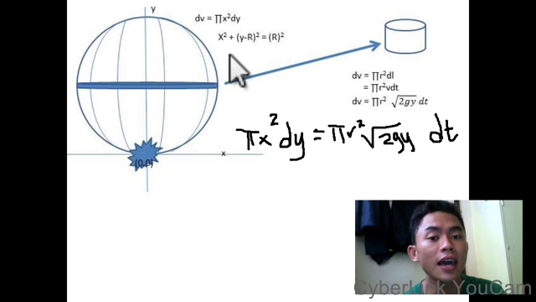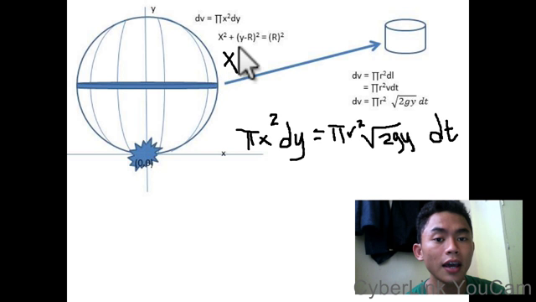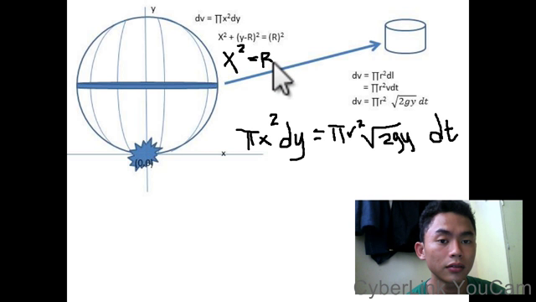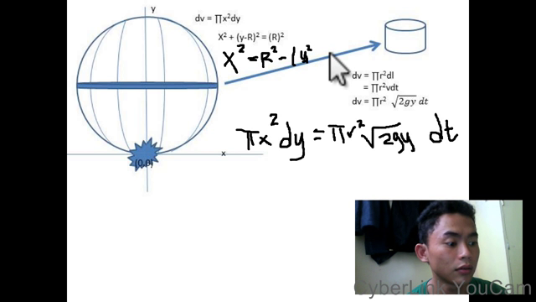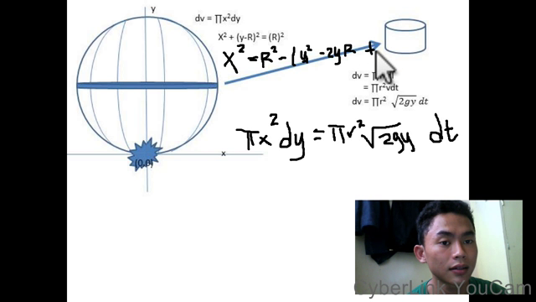So x² here is equivalent to r² minus y² minus 2yr plus r².